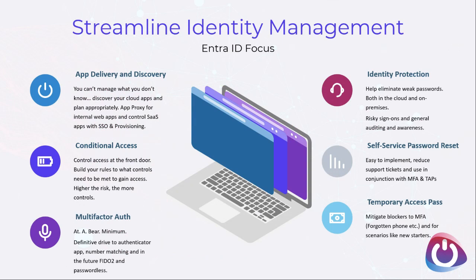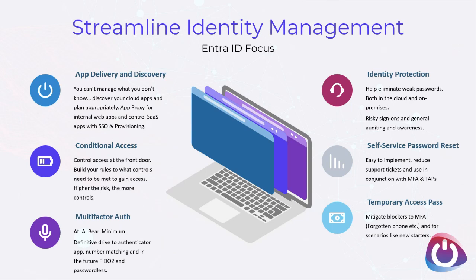So that was a lot, wasn't it? Right. Let's just wrap up a bit here. When we come to streamlining identity management, there's a number of things I've shared and shown you that you can do to streamline things, right? From the end user to app delivery to conditional access, to getting rid of passwords, to making your multi-factor authentication smoother, right?